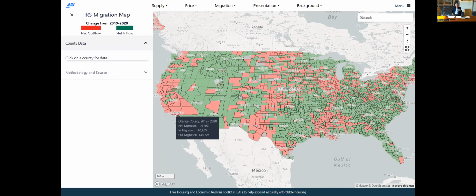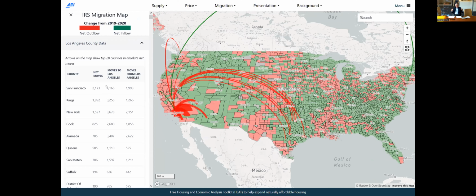Did those exemptions move from LA County to someplace else? And if they did, where, and vice versa? Did exemptions move from someplace else to LA County? And so they're tracking net outflow and net inflow of these moves. And they also track income and things like that.